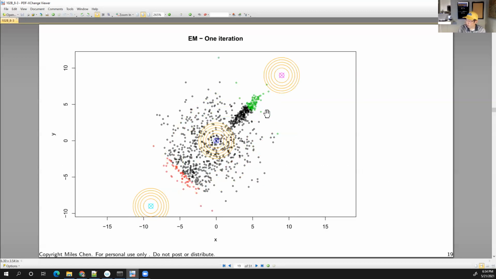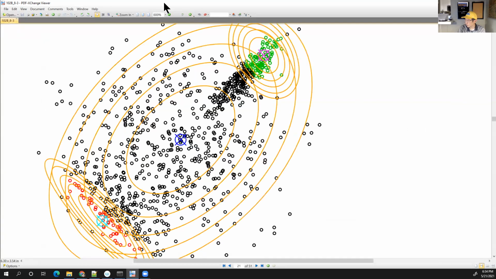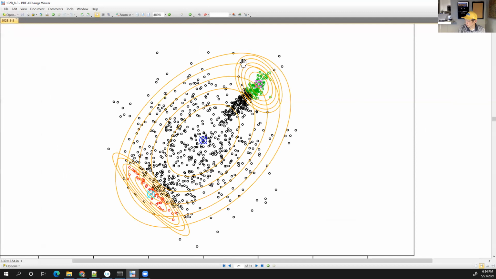We calculate using these points. We say, what would the sigma matrix of green be? The sigma matrix of green, based on those observations, would look like this. What's the sigma matrix of red? It's going to look like this. It's going to give us this shape. And then what's the sigma matrix of the center, the cluster with the black points?